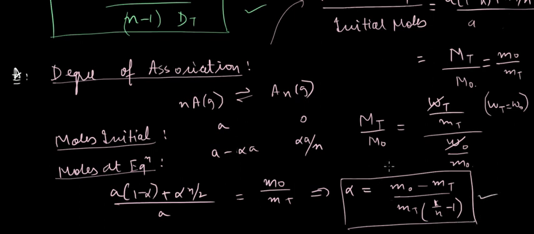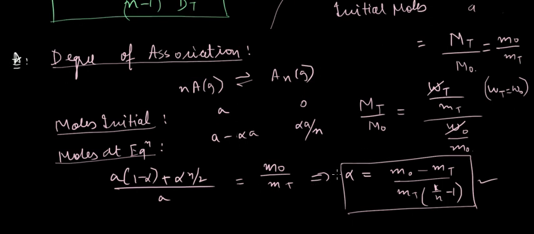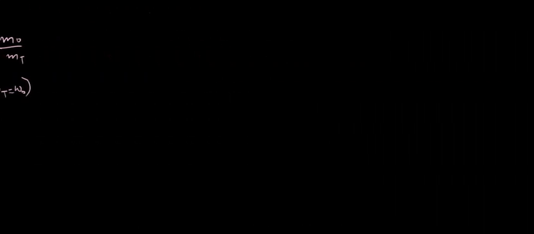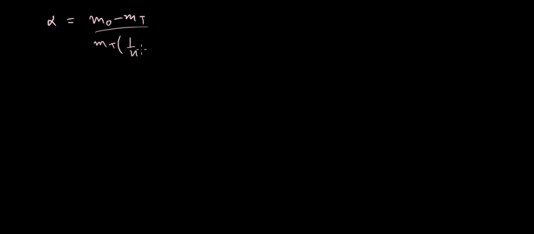Before ending the lecture, I'd also like to give some examples. Let me reiterate the formula first: alpha equals (M0 minus MT) divided by MT into 1 upon (n minus 1).